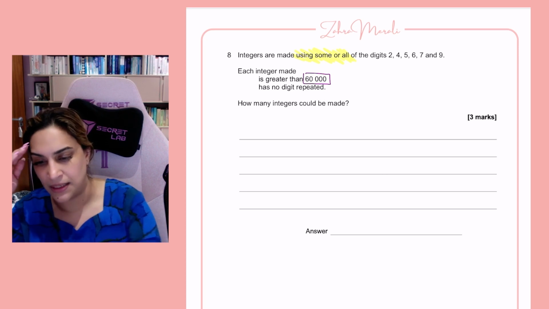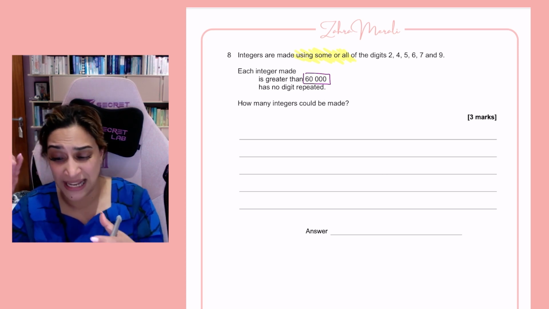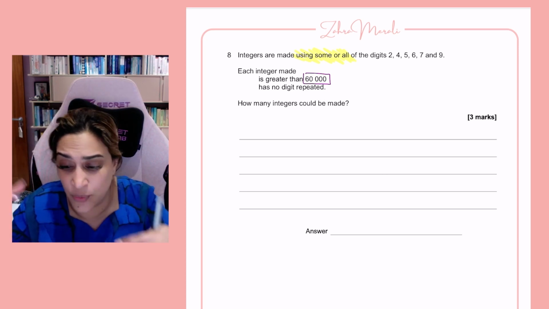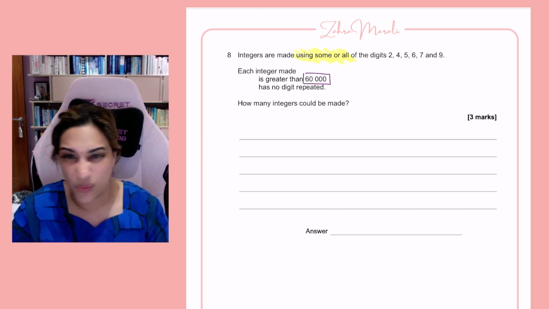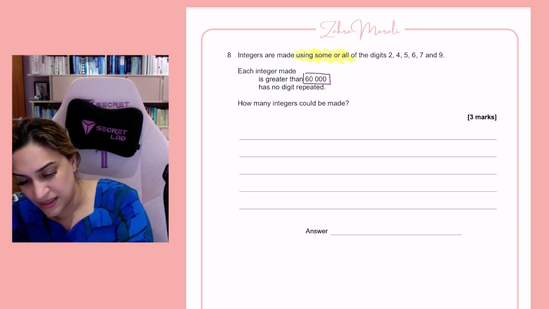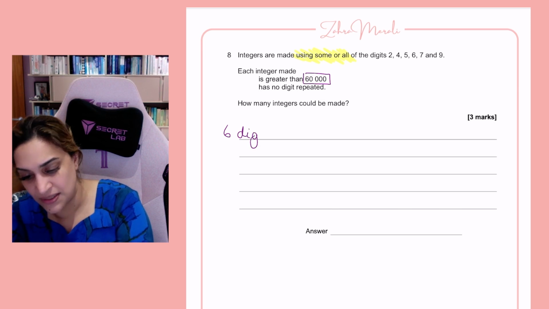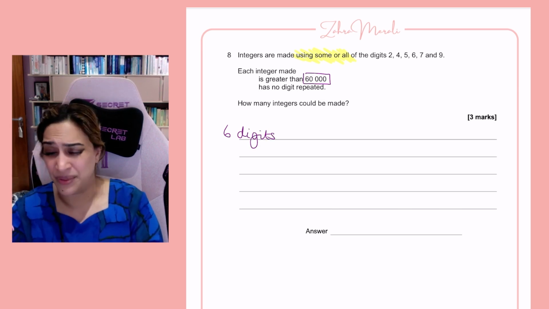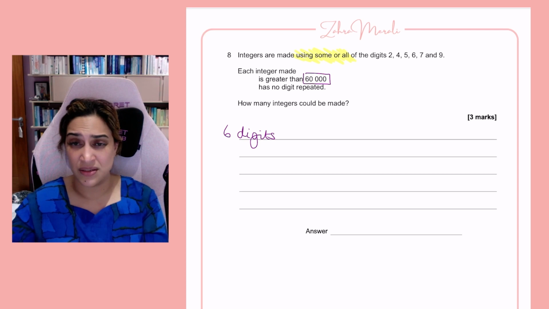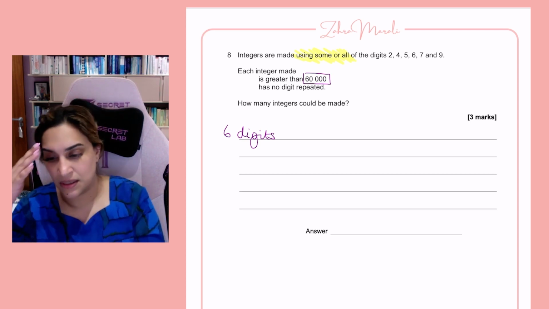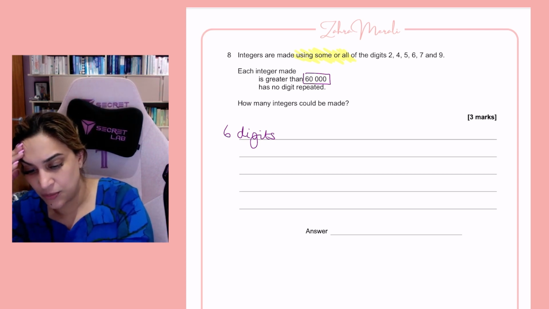So we're thinking how many integers can be made. Now, we could have all 6 digits, at which point it doesn't matter what the first value is. So if we look at 6 digits, you can choose any number, because even if it's 2, it's 200,000, which is bigger than 60,000. So here we've got, could be any of the 6 numbers.